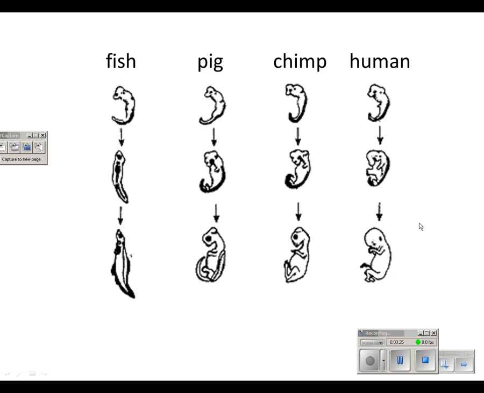You look at the embryology and say, wow, they are growing at the cellular stage and into the fetal development, and they still look the same. So somewhere along the line, they must have been very closely related and maybe have come from the same ancestor.